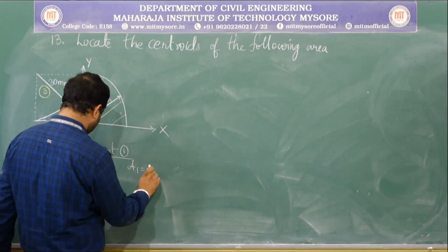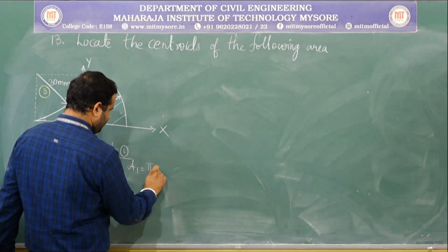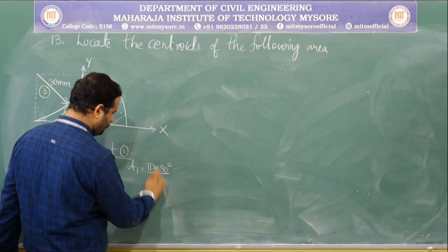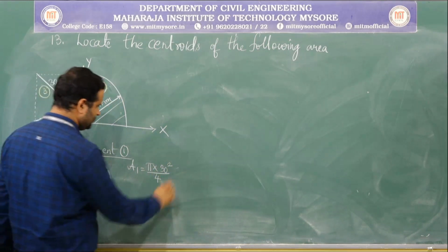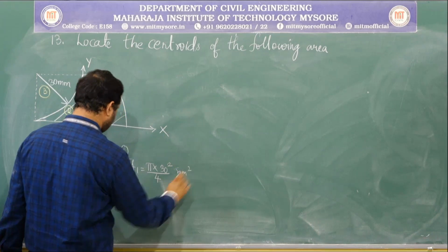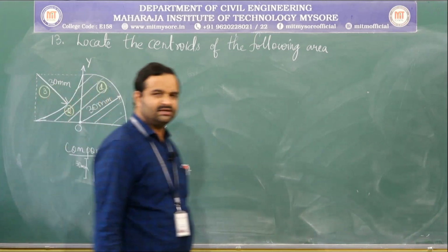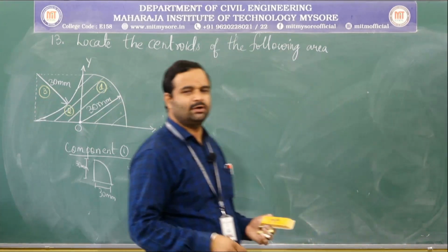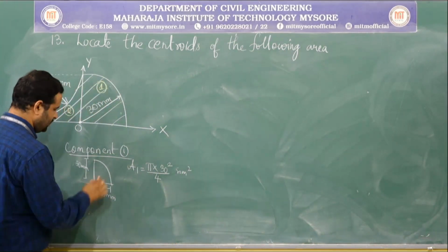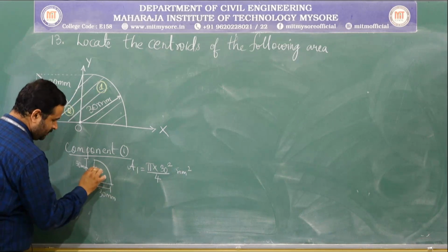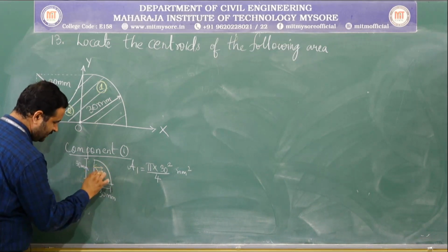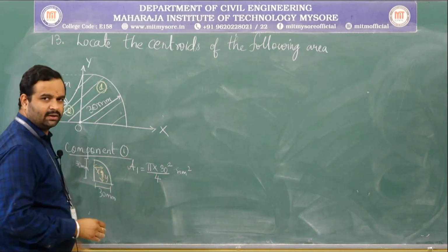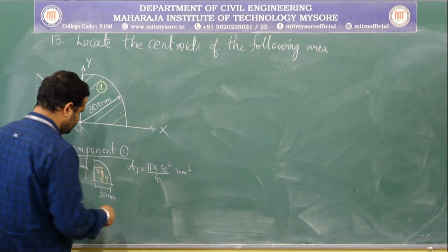Now, let me write its area. A1 is equal to pi into 30 square divided by 4. This is in mm square. Now, try to locate its centroid, all the x and y components. So, x and y components of a quadrant can be located at this point where the x and y components will be equal to 4r by 3 pi.